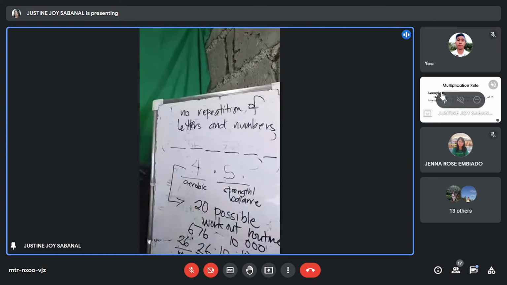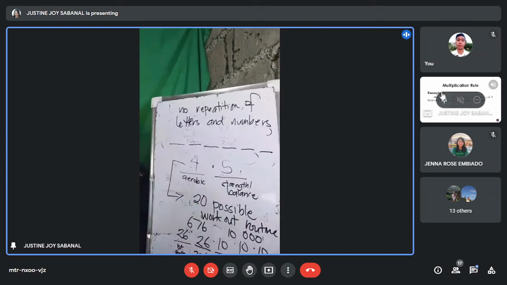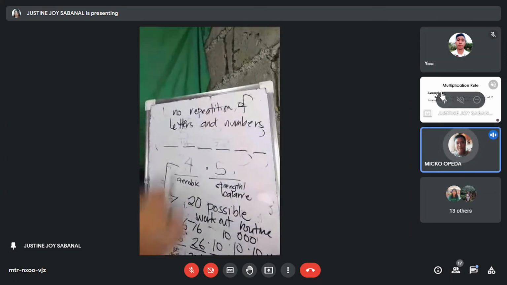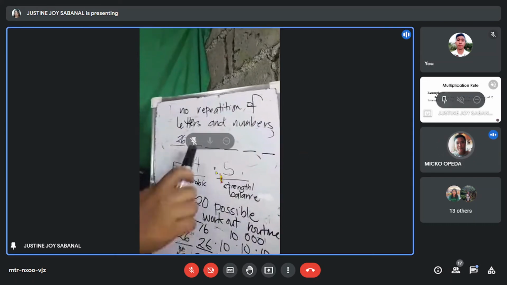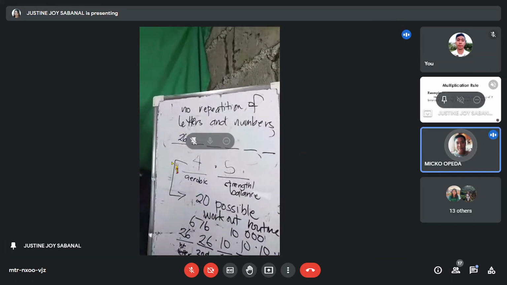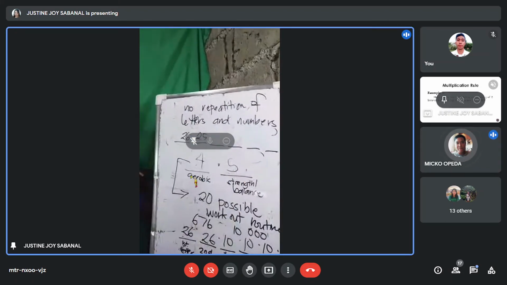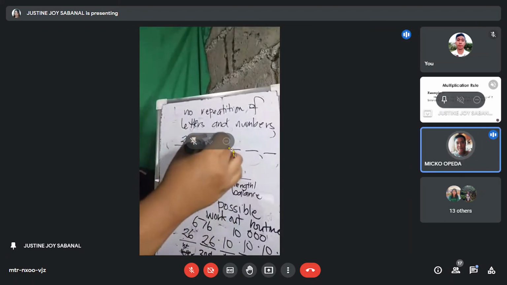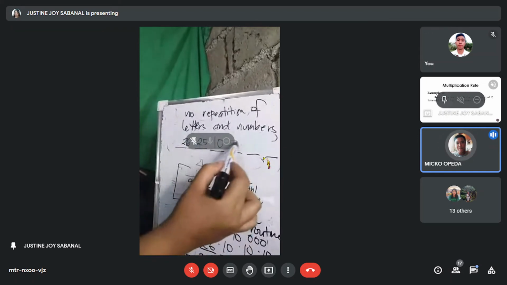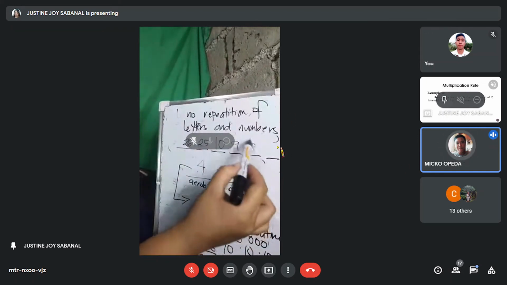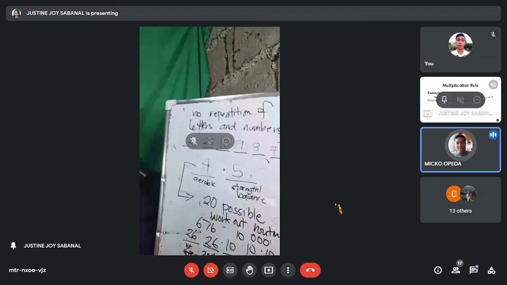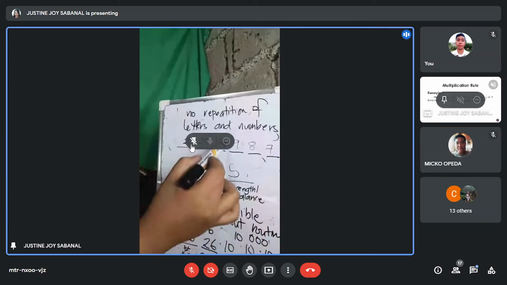So, ilan yung option natin for the first position of the letter? 26. Hindi pwedeng maulit. Ilan na lang sa second position? 25. So, for the first number, 10, second number, 9, 8, 7. Okay. So, multiply the value.